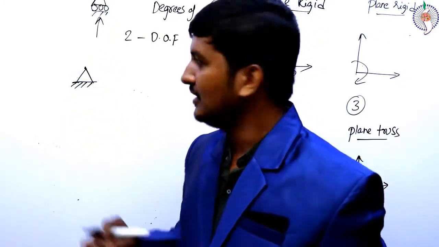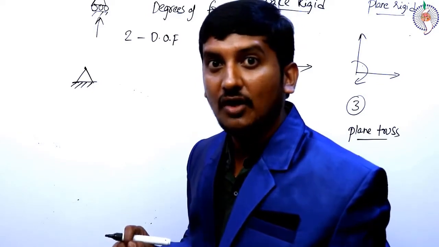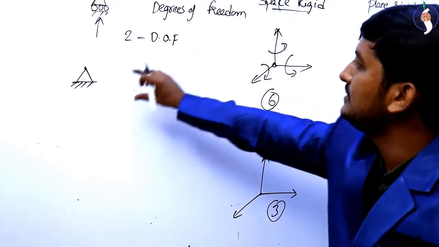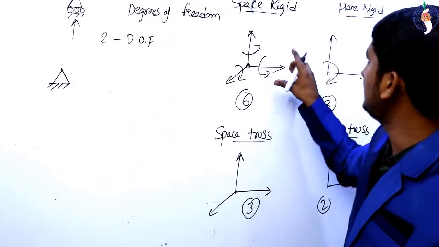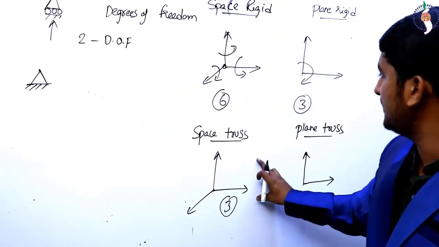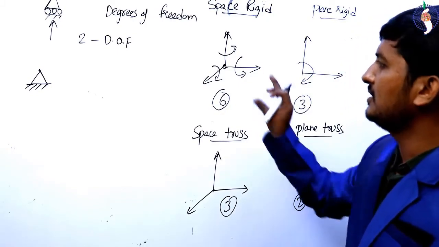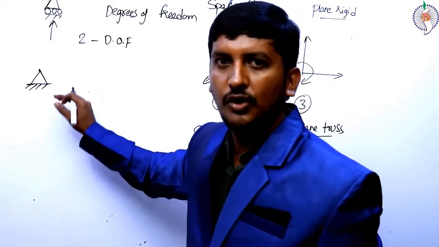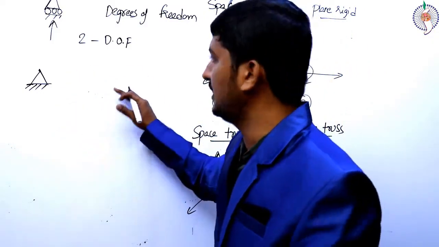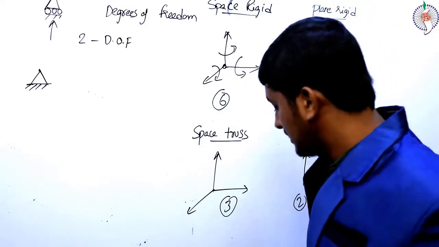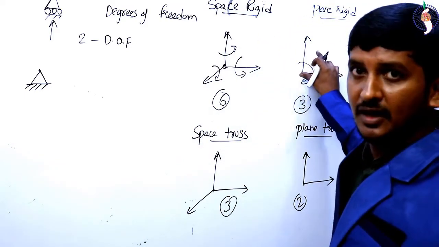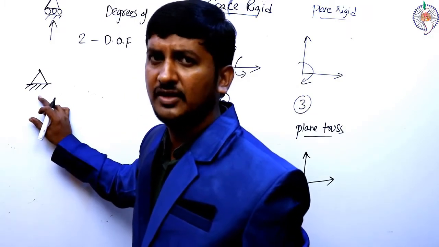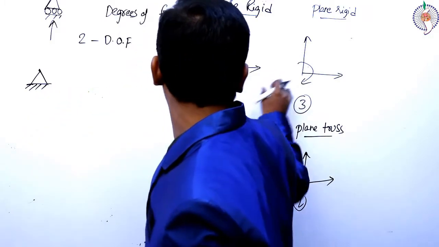Just think of this hinge support is going to offer 2 reactions. Under what category this hinge falls? Is it a space rigid, plane rigid, space truss or plane truss? Just be clear. As this is a support and we are going to use it in beams or frames, considering this as a plane rigid joint, this will be having 3 degrees of freedom.